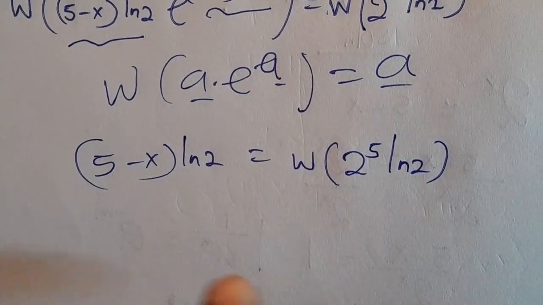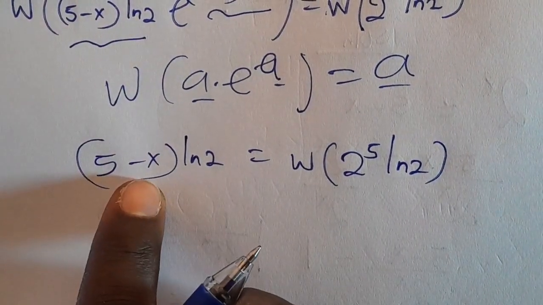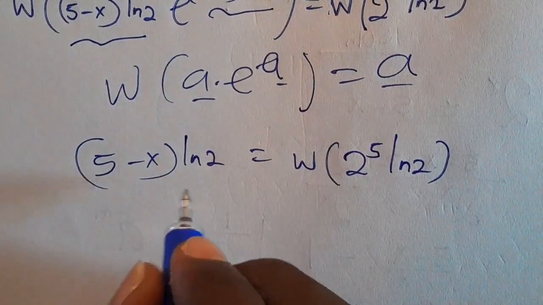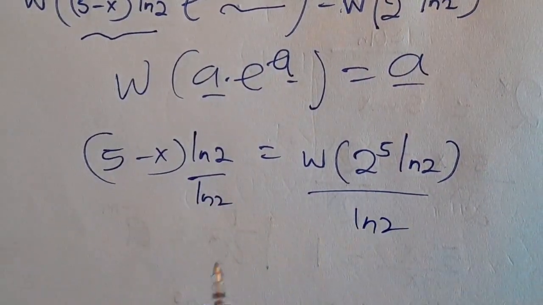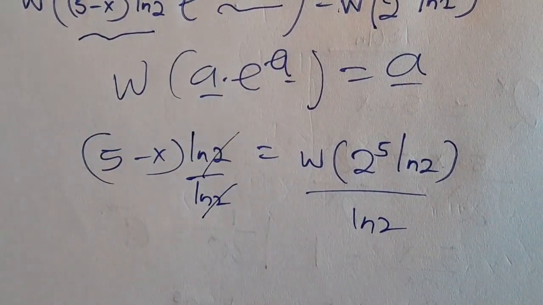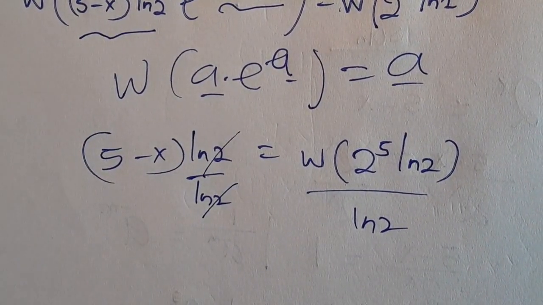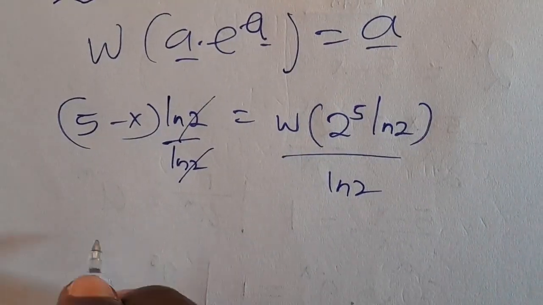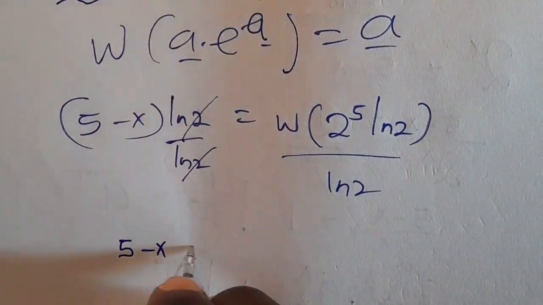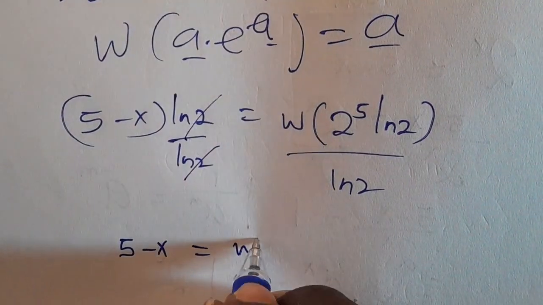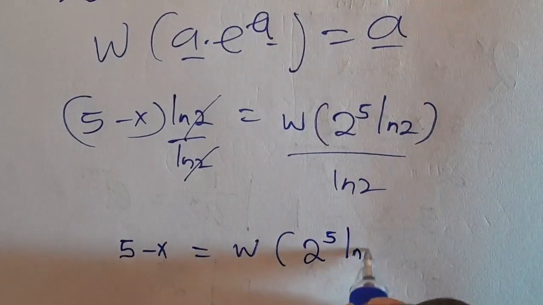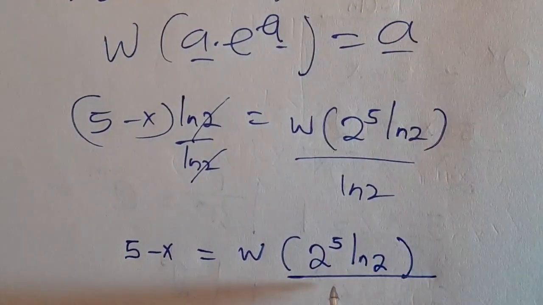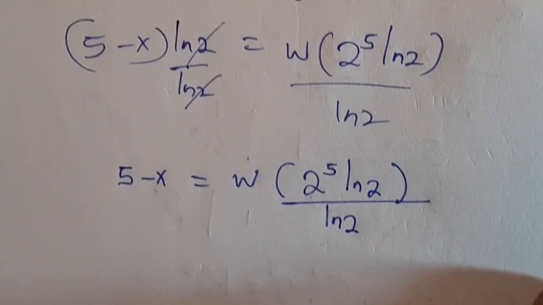Now, we actually want to get the value of x, and we have ln2 at the side. We can divide through by this ln2. So this will cancel this. Then we have 5 minus x equals the Lambert W function of 2 to the power of 5 ln2 divided by ln2.